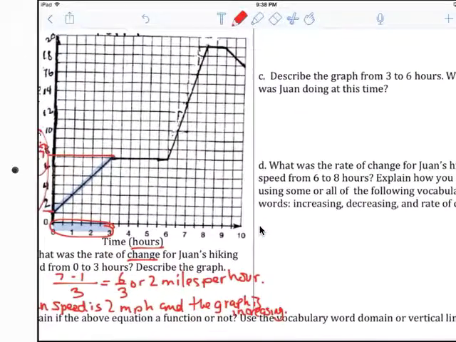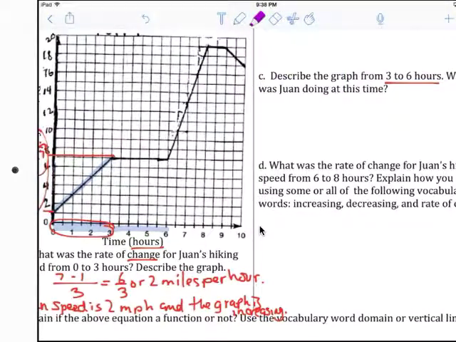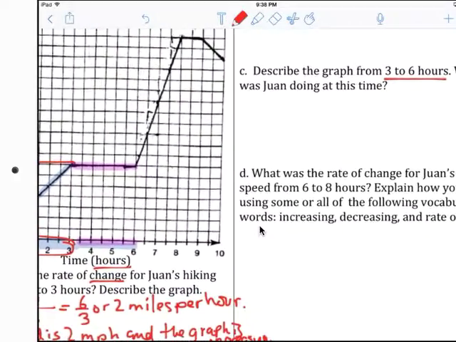Describe the graph from 3 to 6 hours. 3 to 6 hours is this portion right here. What was Juan doing at this time? That's called a horizontal graph.